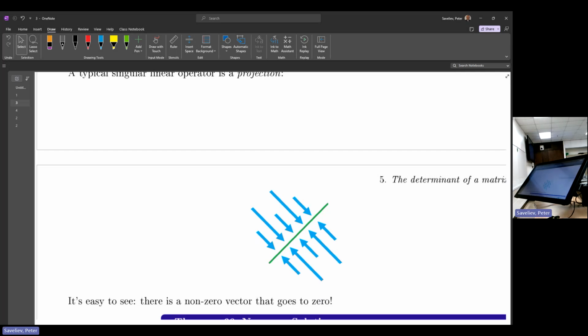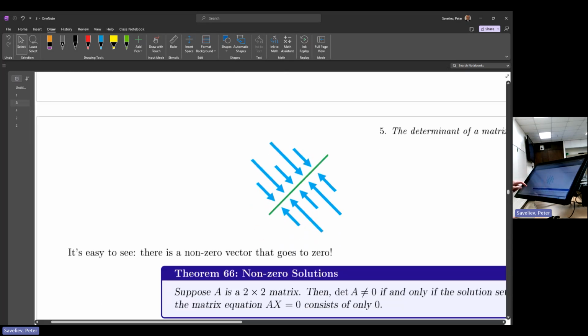Collapse is a good word because it's not a shrink. If you shrink by a factor of 2 or by a factor of 100, the plane still remains infinite. What happens is that the plane snaps into a line, if you can imagine that, like an infinite roll, and that's where the determinant is equal to 0.